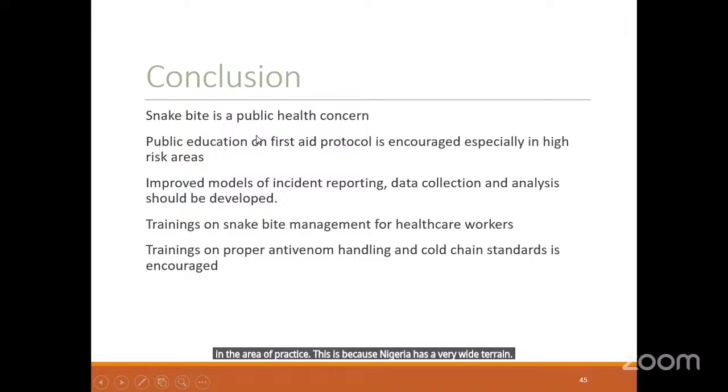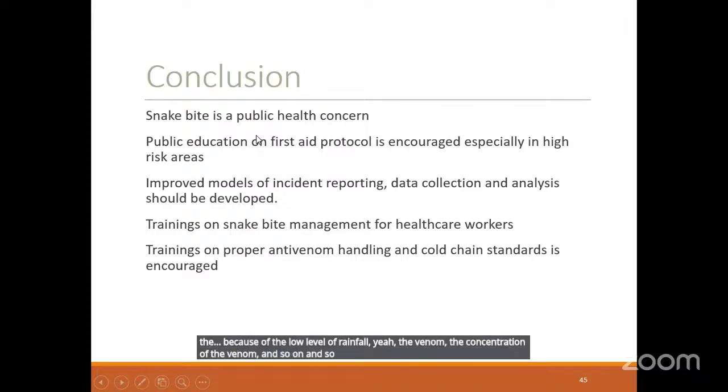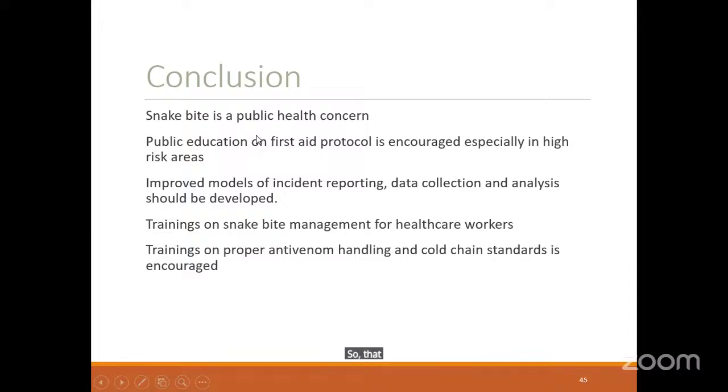Some of us in the south here, the kind of snake we are likely to encounter may be different from the grasslands in the middle belt, and when you go further into the northern part of the country towards the Sahel region, because of the low level of rainfall there, the concentration of the venom and the varieties of snakes also change. So that's what we need to stock. They vary by regions and by location.